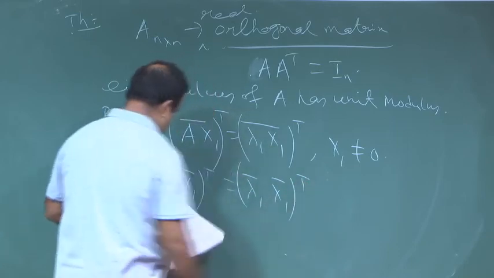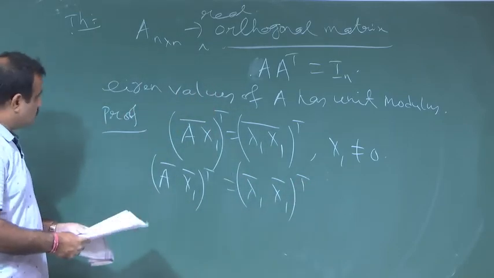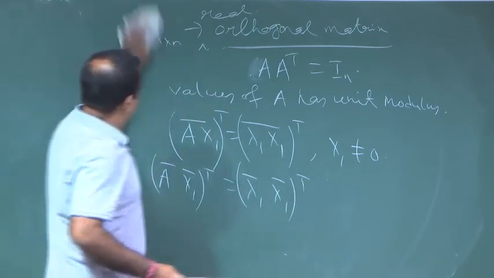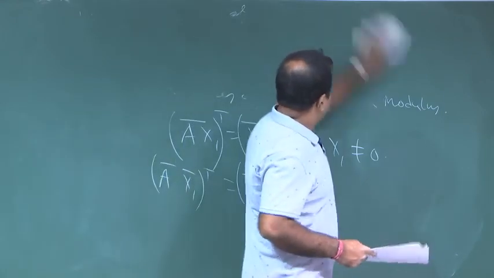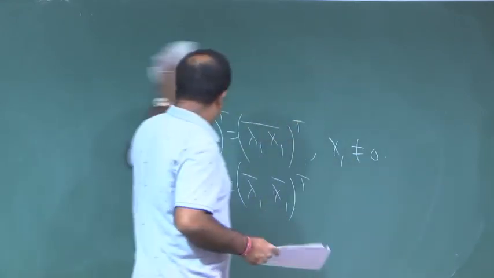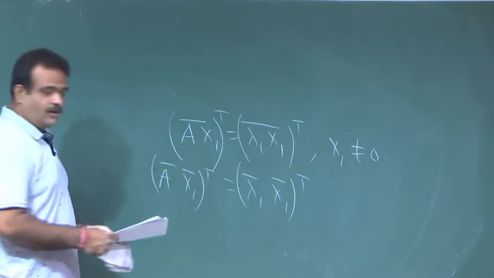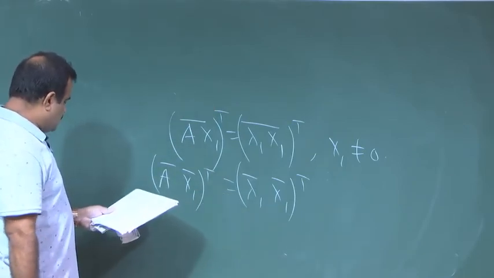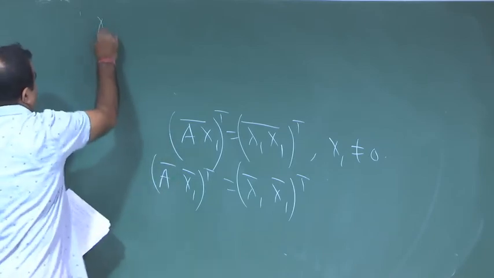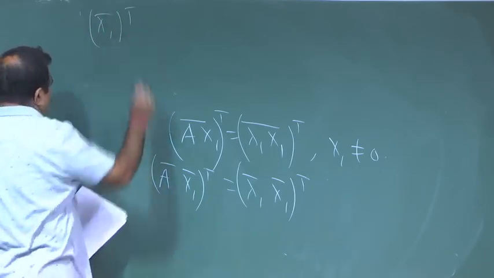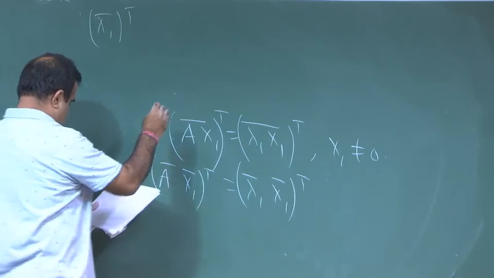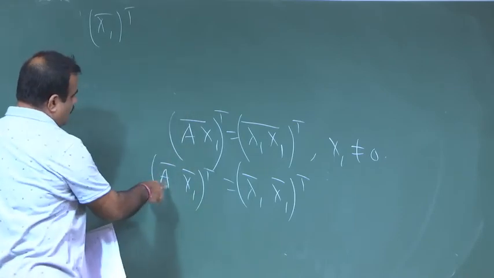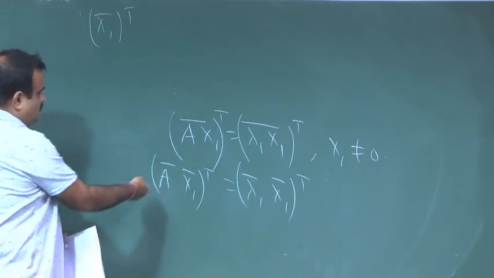This is similar to what we did in the last proof. This is an orthogonal matrix, a real orthogonal matrix, so you have to use that property also here. If you take the transpose, it will give us x 1 bar transpose, and A bar is A since this is a real matrix.